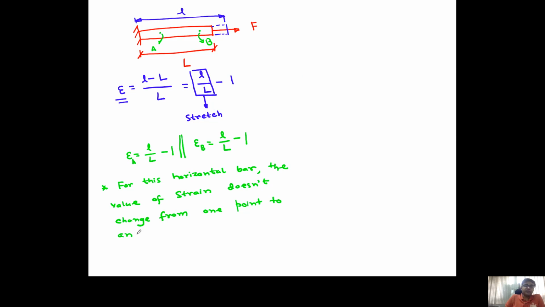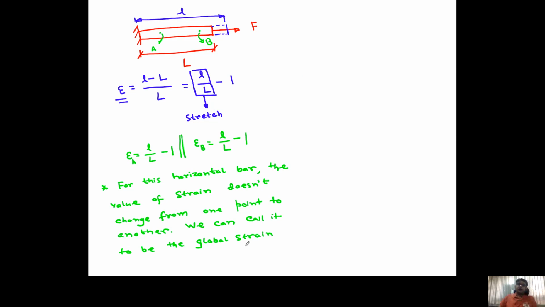The value of strain does not change from one point to another. And since the value of strain is not changing from one point to another, we can call it the global strain.